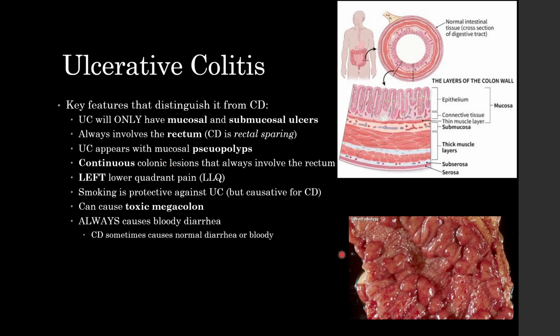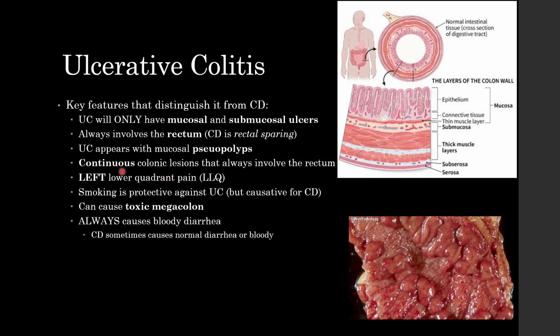If you see that on gross imaging, it would appear in ulcerative colitis. So ulcerative colitis appears with mucosal pseudopolyps and continuous colonic lesions that always involve the rectum, again, always involve the rectum.